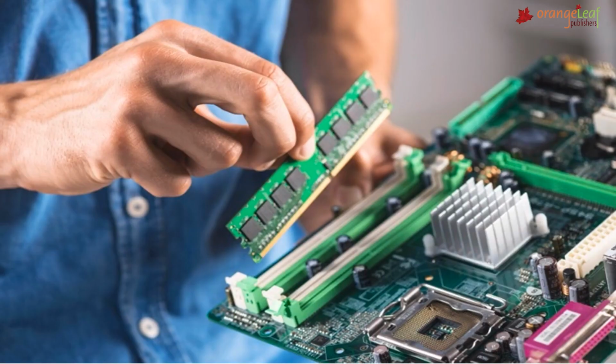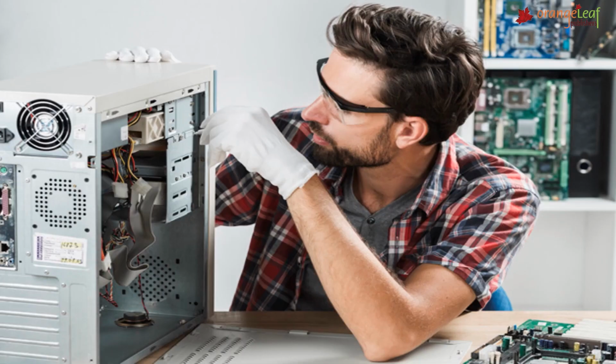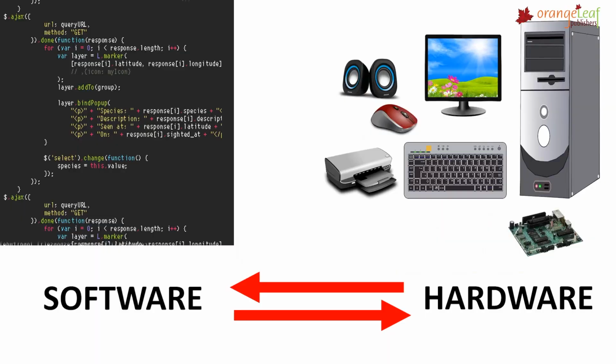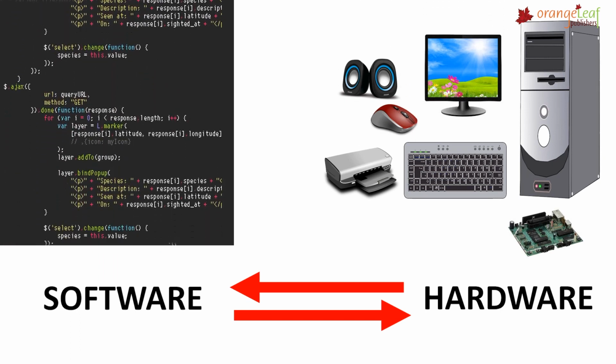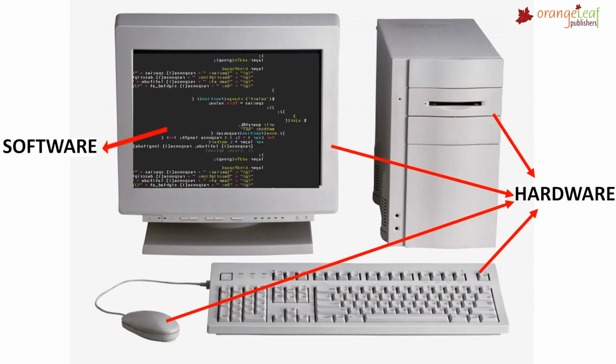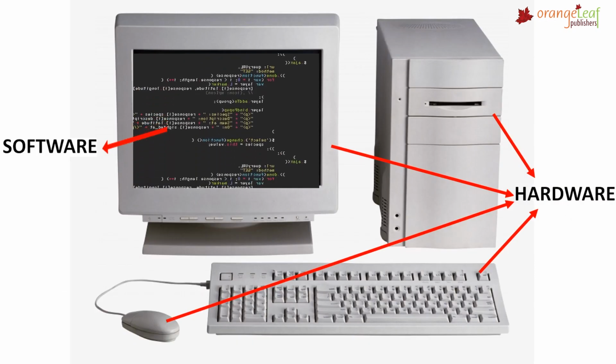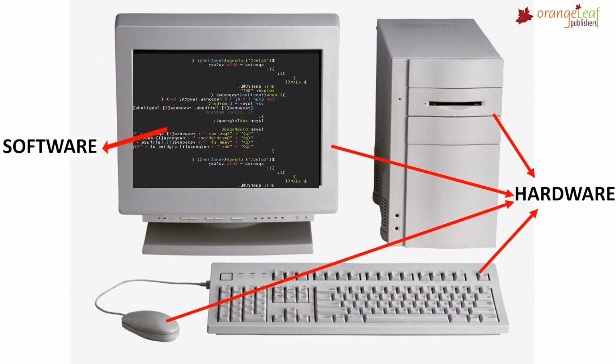The components that can be seen and touched are hardware. The software allows the hardware to function. It is impossible to view or touch the software. This chapter will examine these two computer components.